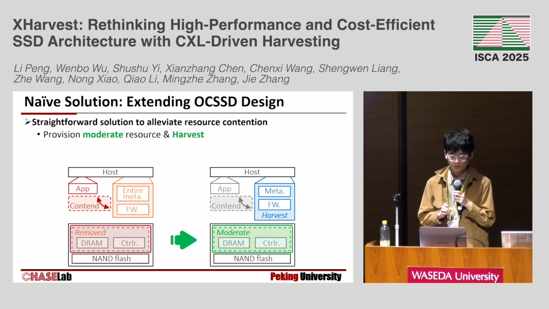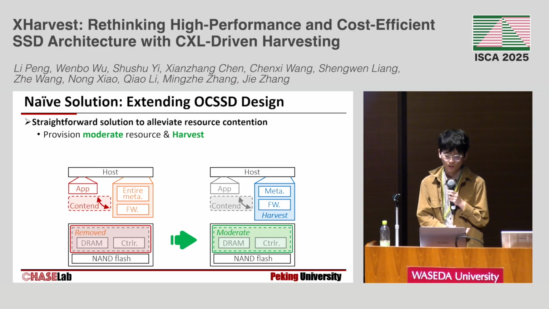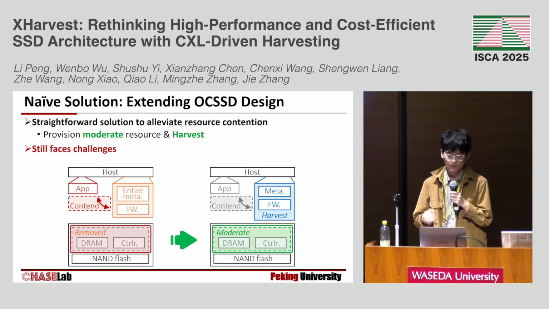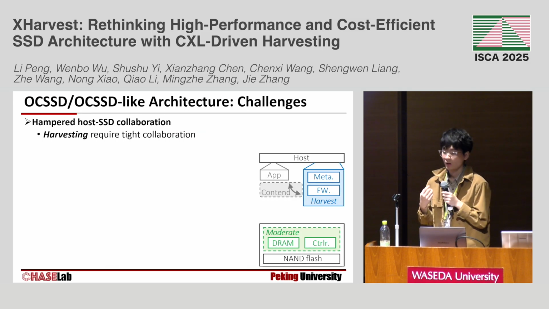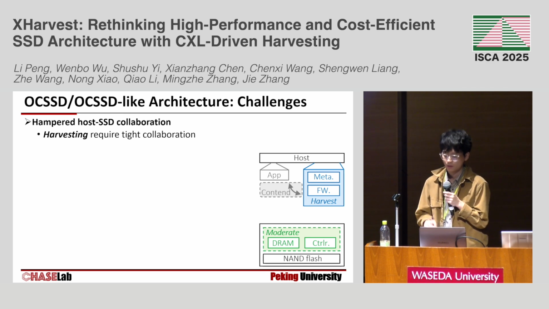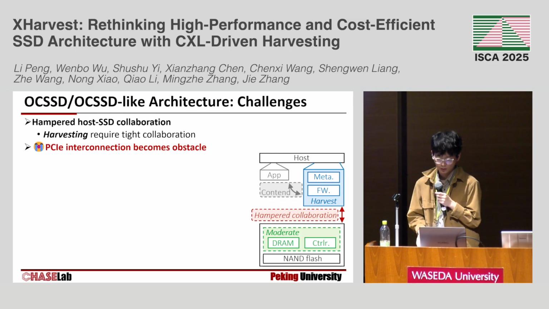Based on the analysis, we can propose a straightforward solution for the high-performance and cost-efficient SSD architecture. However, such a solution still faces challenges. While the harvesting mechanism requires tight collaboration between the host and the SSD, the existing PCIe interconnect has become the obstacle.